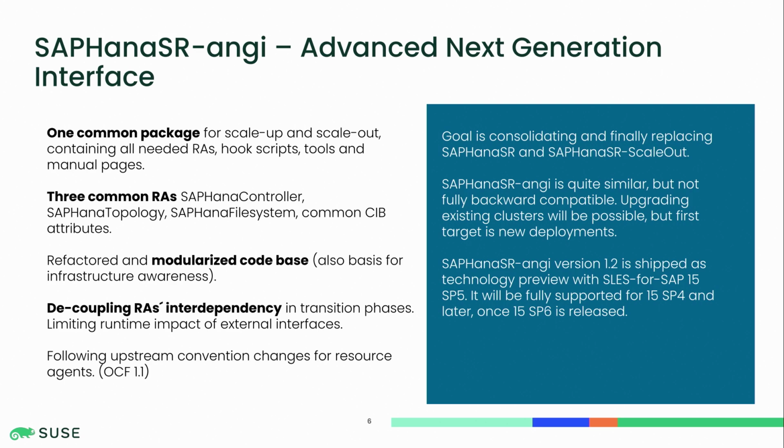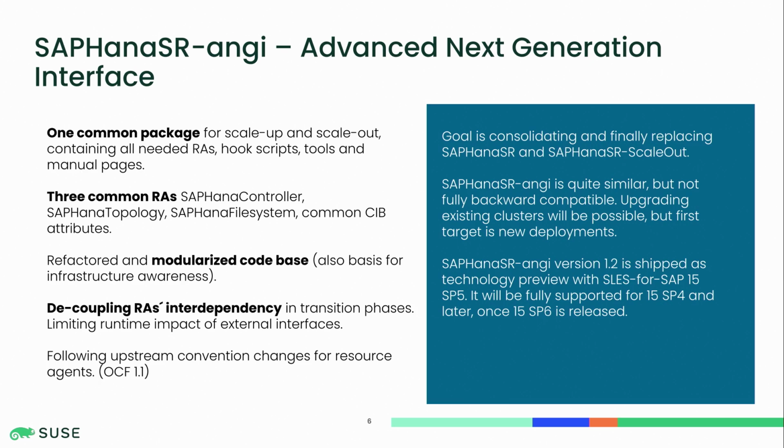It's now named like in the scale out, because this name addresses a bit better what exactly the resource agent is doing. There's also the SAPHanaTopology resource agent. And the third one is SAPHanaFilesystem, which we will come to a bit later.